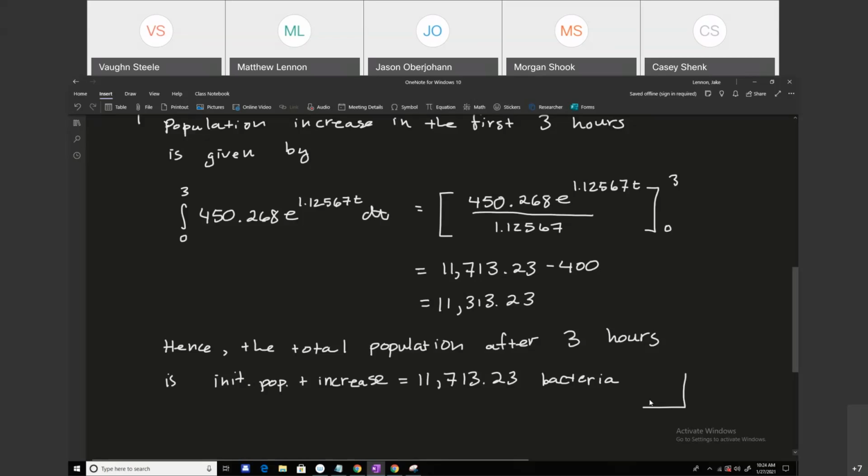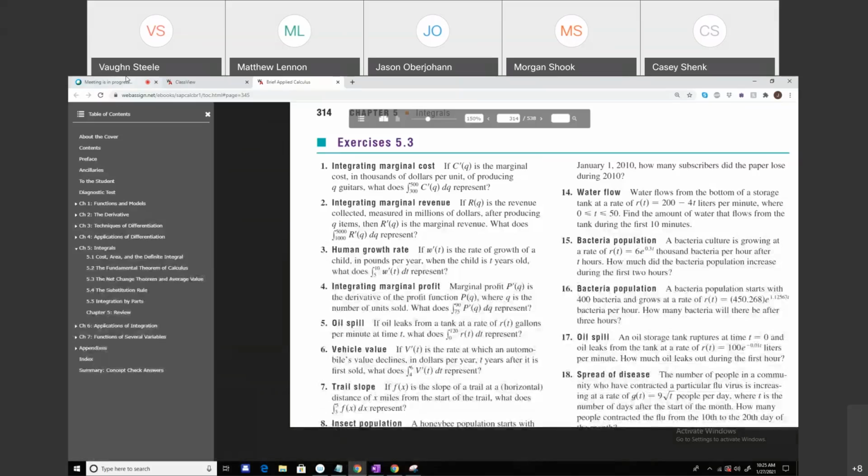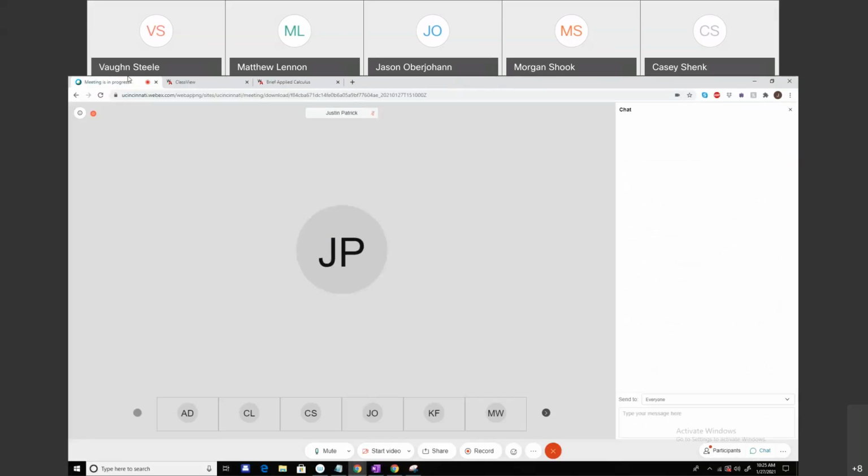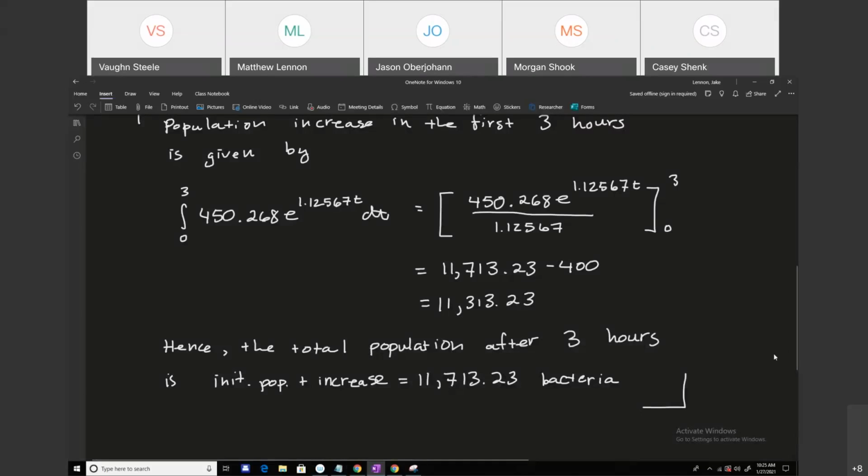Okay, let's do another example. This is number 29, but I don't need to clip anything to write it down. It's not too much stuff. So are there any questions on that one before I move on? No? All right. So let's move on.